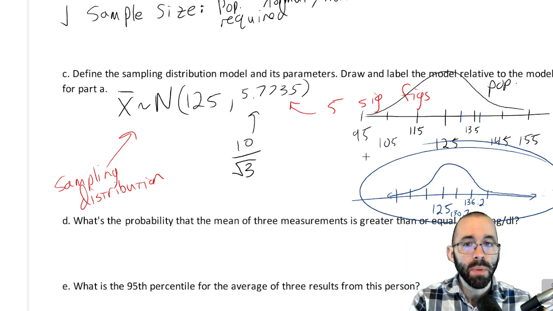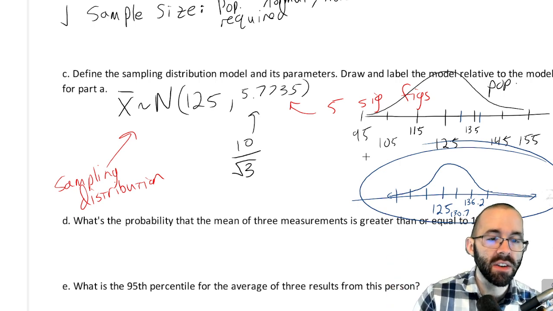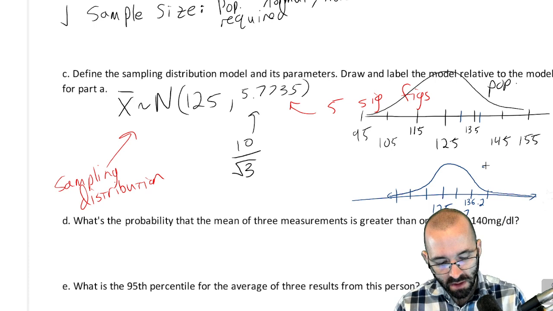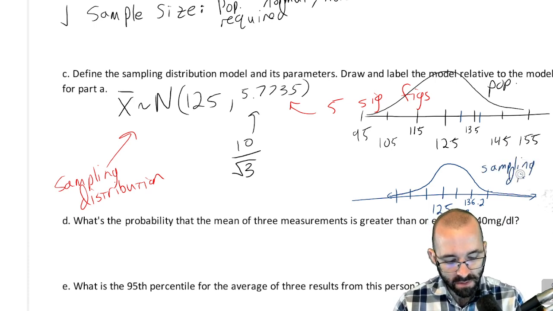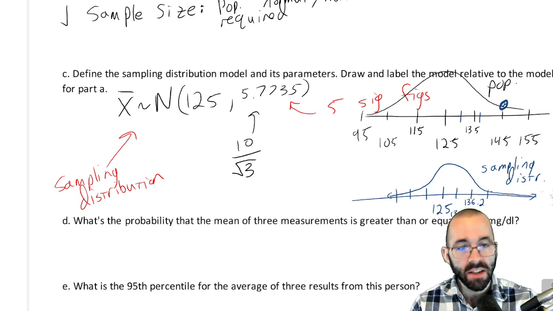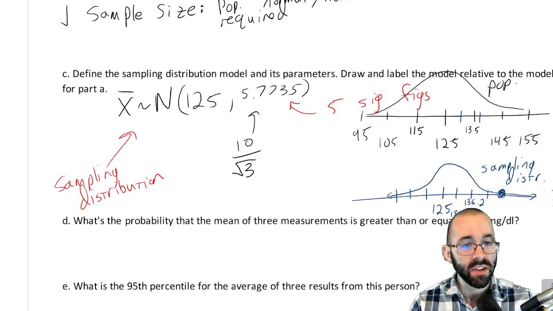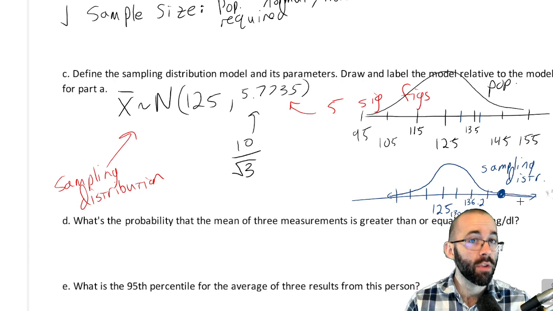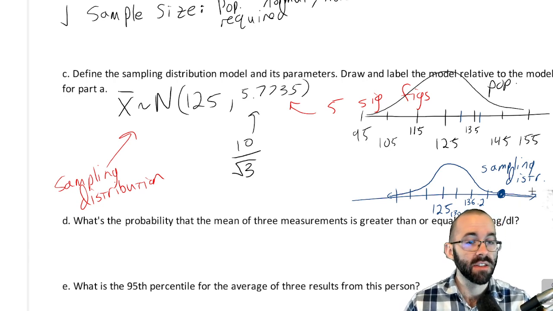The 3 samples kind of average themselves out. There's going to be less spread to our sampling distribution. That's always going to be true in general. So it's quite possible that we look at a single glucose measurement and have it be 145. It's very, very unlikely to take an average of 3 glucose levels and have them average 145.